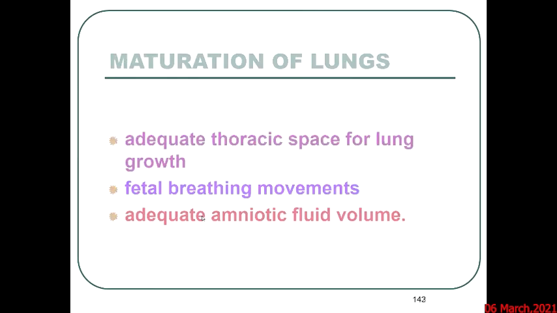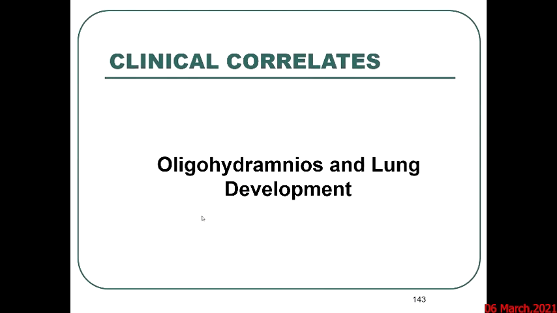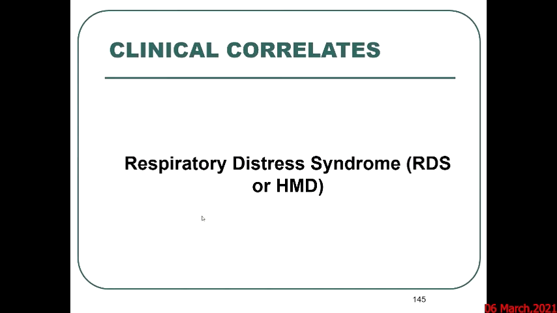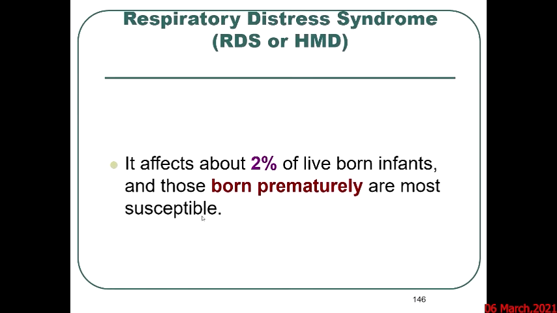So we have finished the respiratory system. You should know about this, as it comes often in exams: respiratory distress syndrome or RDS. It affects about 2% of live-born infants, and those born prematurely are more susceptible. Write short notes on RDS or hyaline membrane disease, HMD.